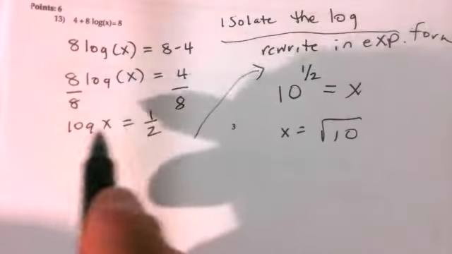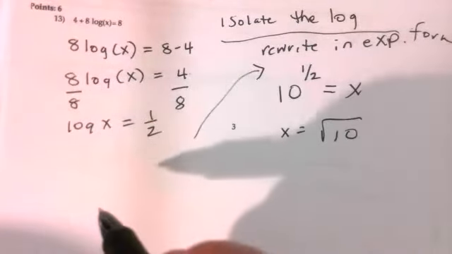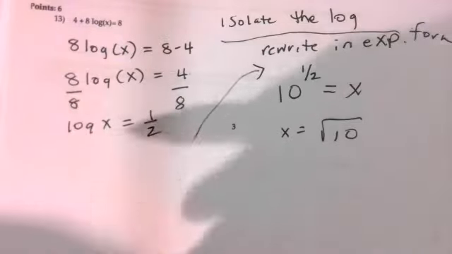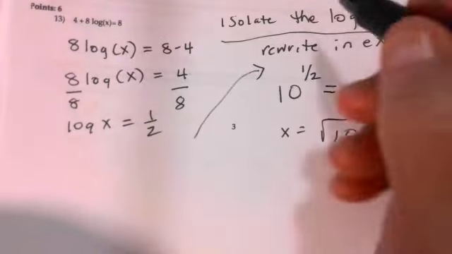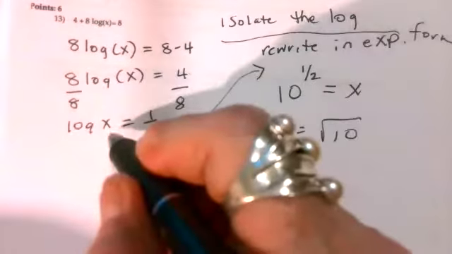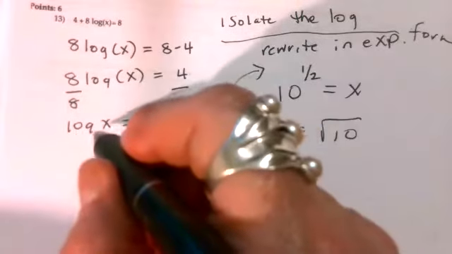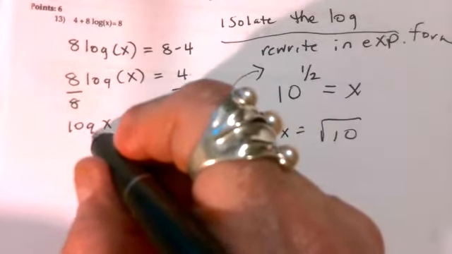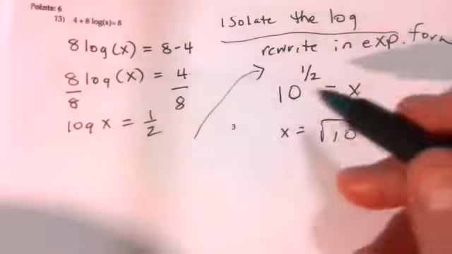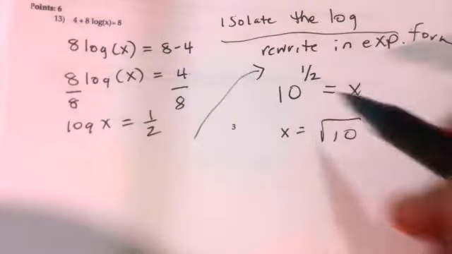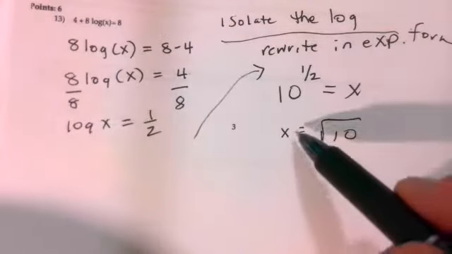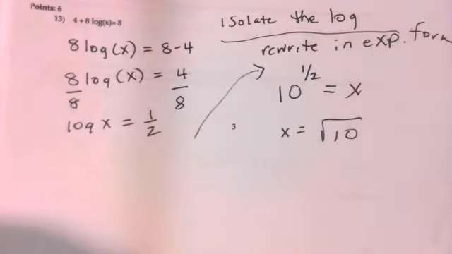We need to do that first so that we just have a log on this side, and then it's log of x equals 1/2. Well, we've got to solve for x, so we rewrite it in exponential form. This is base 10. If it doesn't have any base written there, it's base 10. So 10 to the 1/2 equals x, or in other words, x equals the square root of 10.